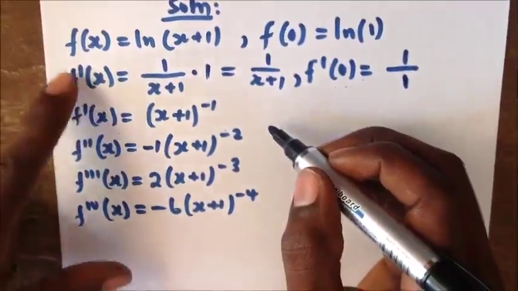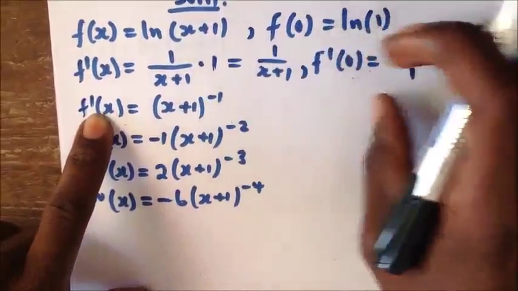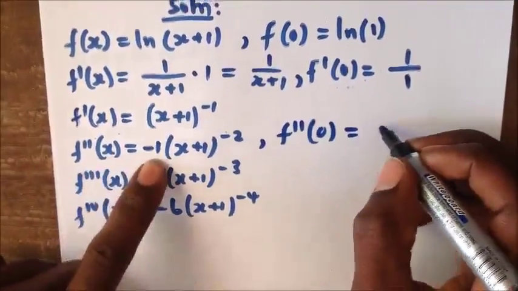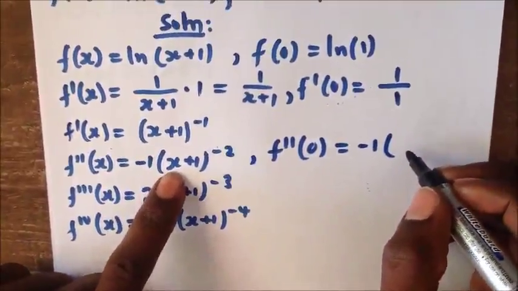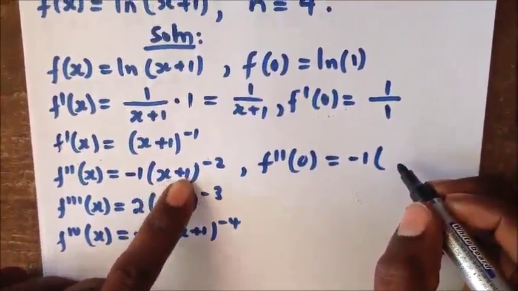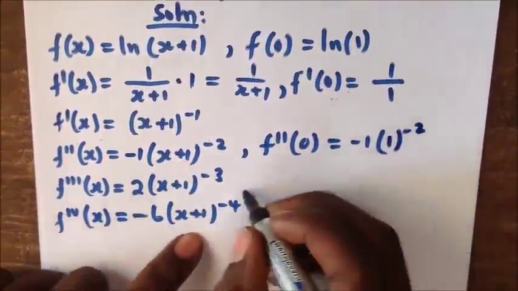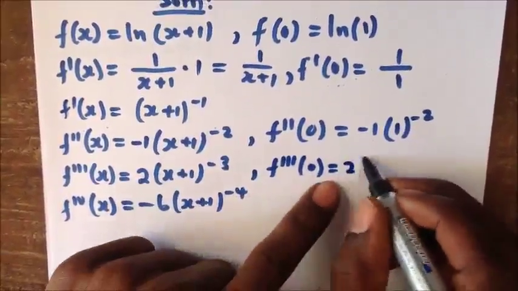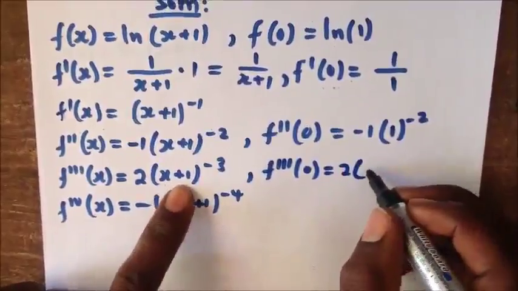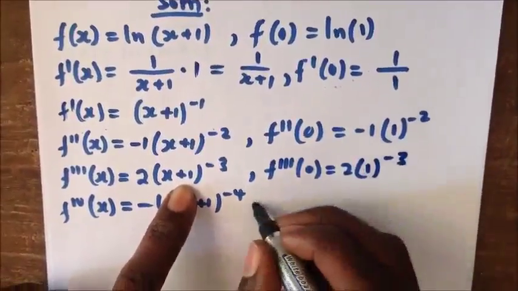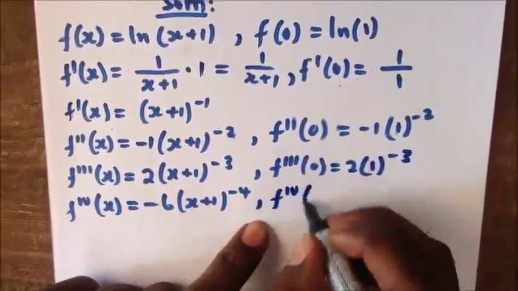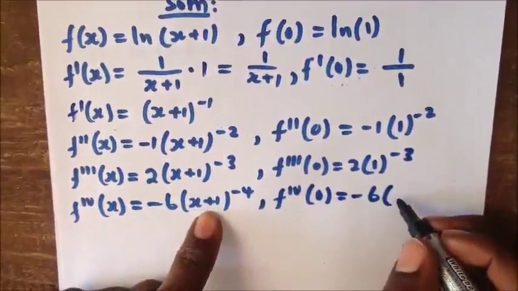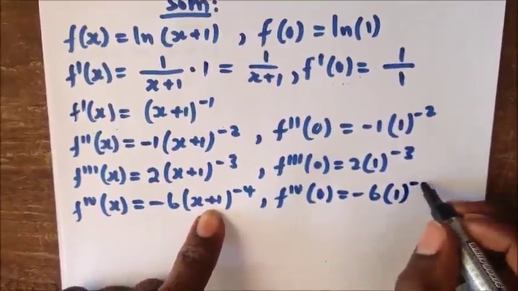Then f double prime of 0 is equal to minus 1 into (0 + 1), because x is 0, so 0 + 1 is 1, raised to the power negative 2. Then f triple prime of 0 is equal to 2 into (0 + 1), 1, raised to the power negative 3. Then the fourth derivative of 0 is equal to minus 6 into (0 + 1), because the value of x is 0, 0 + 1 is 1, then raised to the power negative 4.